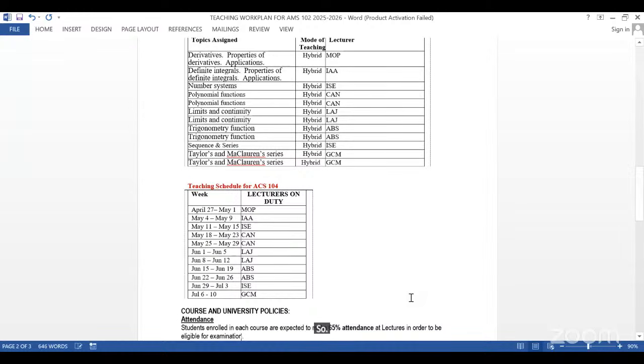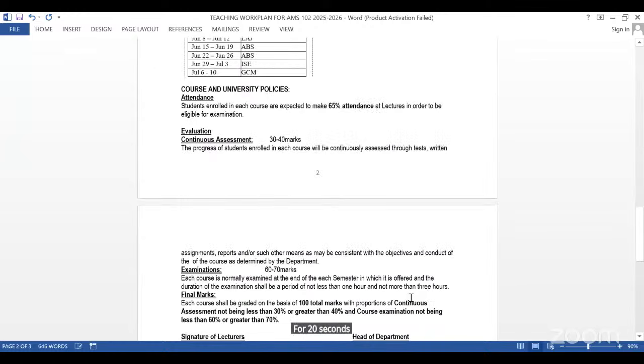The continuous assessment will be between 30% and 40%. The results will be displayed and known by everyone before the exam date. So please ensure that you participate in the continuous assessment, which will be in the form of a test when the time comes. This is how we are going to manage the class, and I wish you the best.